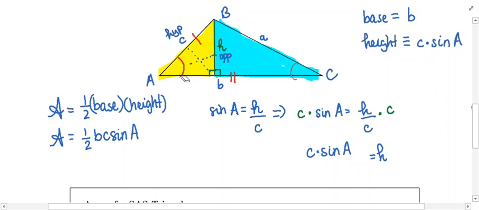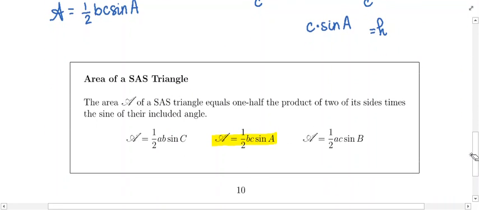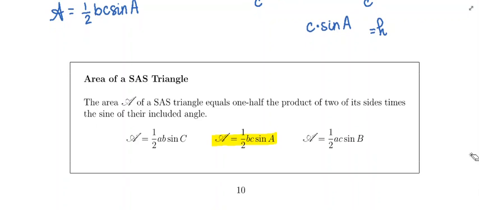Notice that the angle you were given is the angle included between the 2 sides that you were given. Okay, so that's what this verbal description is saying. The area of a SAS triangle is nothing more than 1/2 times the product of the 2 sides that were given times the sine of the given angle, which is the angle included between the 2 sides that were given.